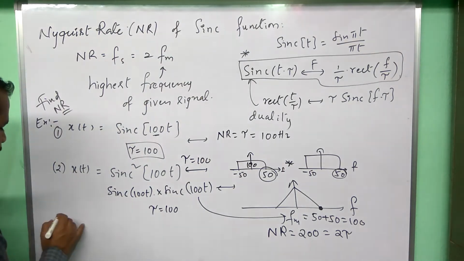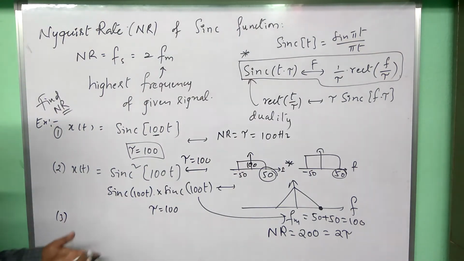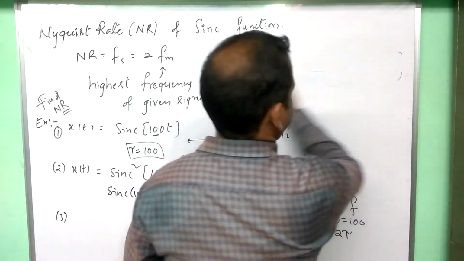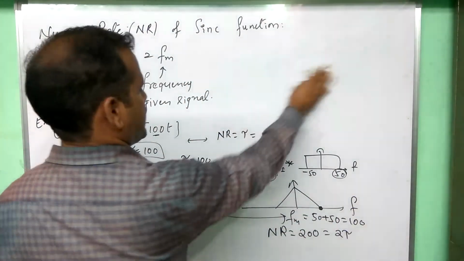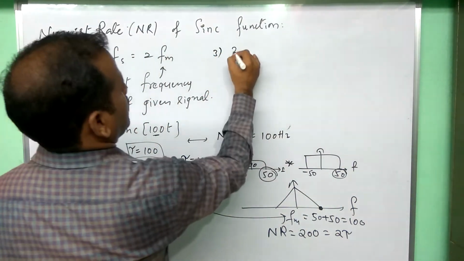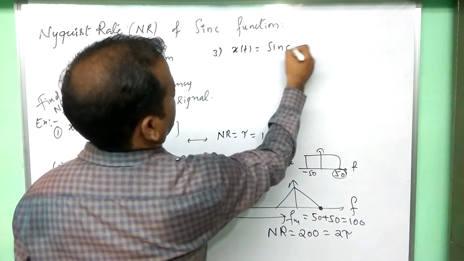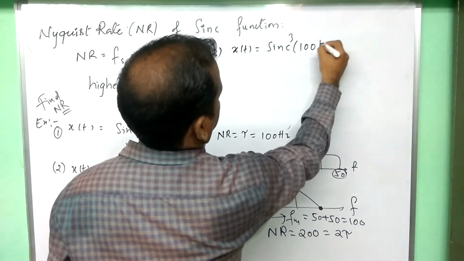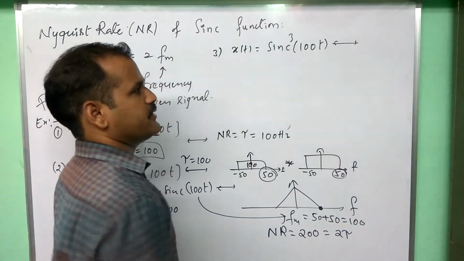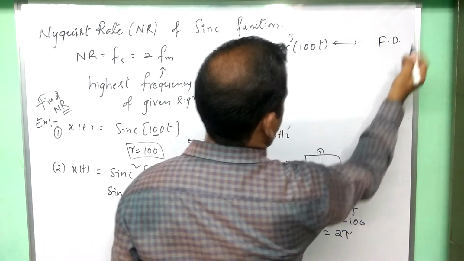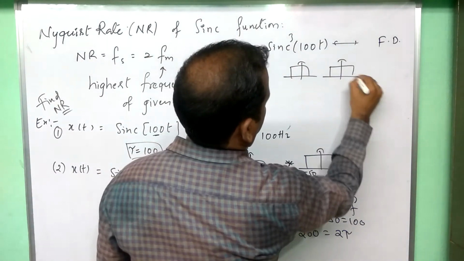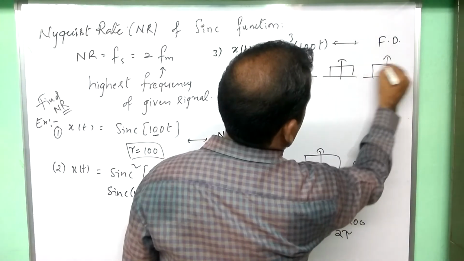In that way, you can conclude for sinc to the power of some n. For the sake of time, I am doing sinc cube also for you. Let us take x of t equal to sinc cube 100t. That means three signals are multiplied, so correspondingly in the frequency domain, three rectangle signals are convolved.